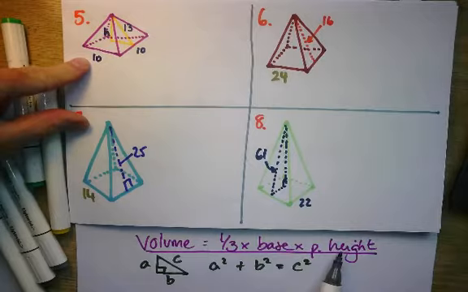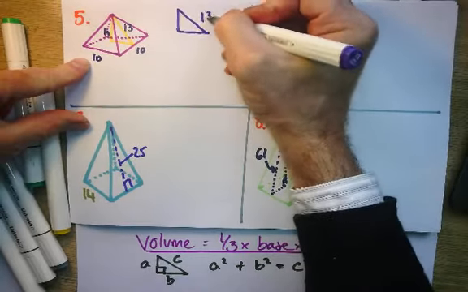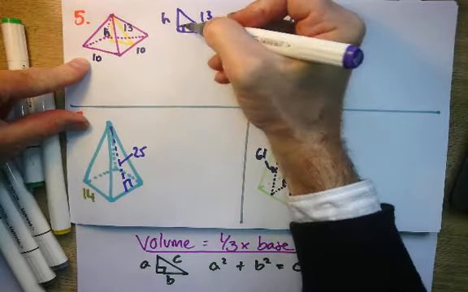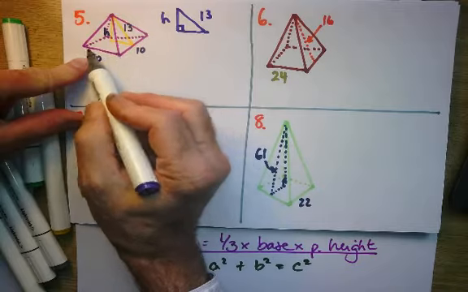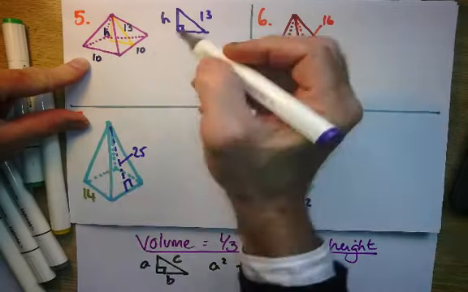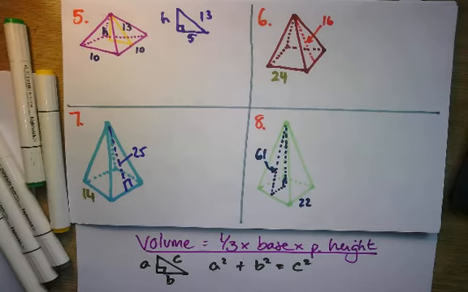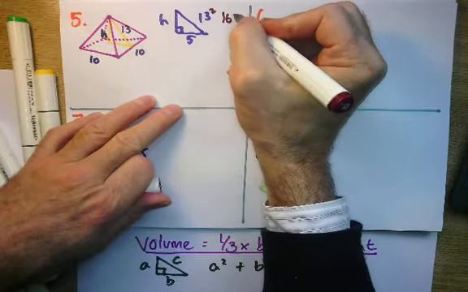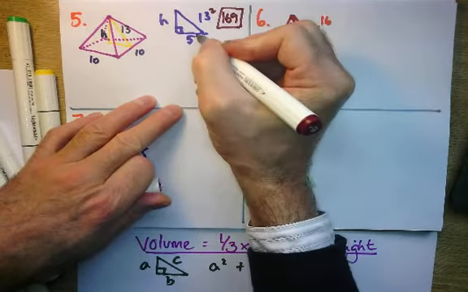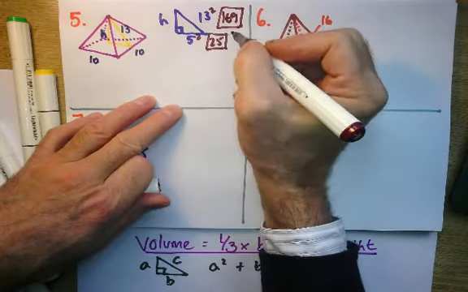So here, to get the volume, I need the perpendicular height. So I'm going to draw out the little triangle here, call that 13, that's my h. Now here I need to know that length there is going to be half of that, so it's got to be 5. So what I need to do now is square each of these to find h. So 13 squared is 169. 5 squared is 25.